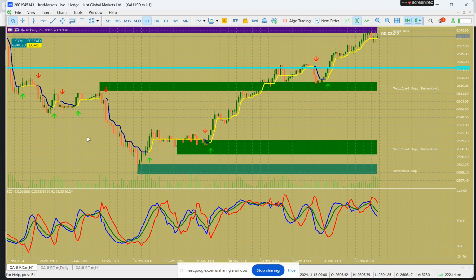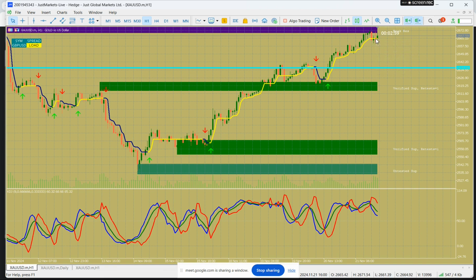So it shows you strong and weak resistances, just like here. Here it is showing us that this resistance is weak, until the strength of sellers becomes stronger.